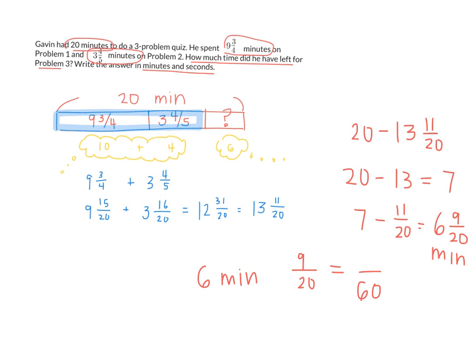I know the top number will be how many seconds I actually have. So how do I get from 9/20 to 60ths? What do I have to do? Multiply by, Adi? 3 over 3. So what is 9 times 3? 27. So therefore the answer is 6 minutes and 27 seconds. 27 left to take the test. Good.